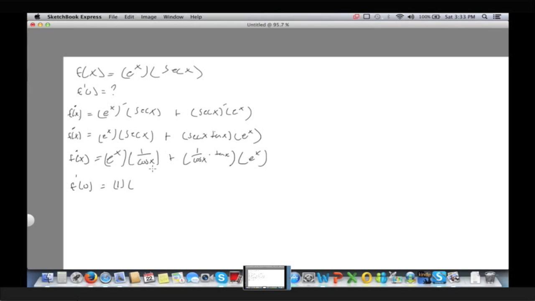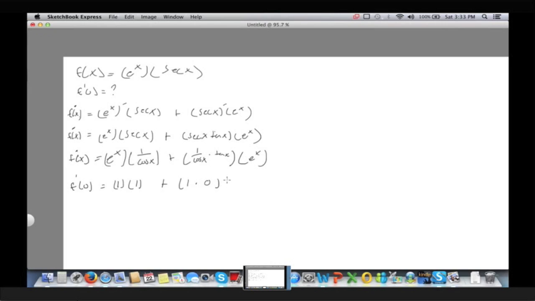Okay. So cosine of 0 is 1. Okay. Tangent of 0.